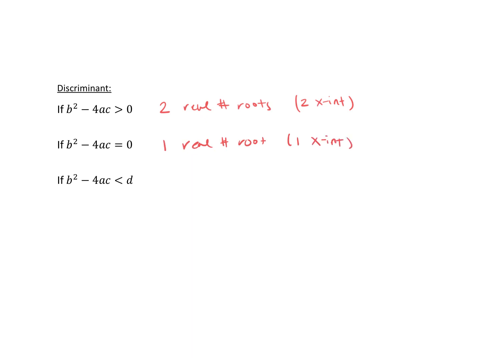And last, if your b squared minus 4ac is less than 0, let's fix that on the screen, so if your discriminant is less than 0, if you get a negative number underneath the square root, you're going to have no real number roots, which is why there are no x-intercepts. And what you do have are two complex roots because i is going to show up on that one.